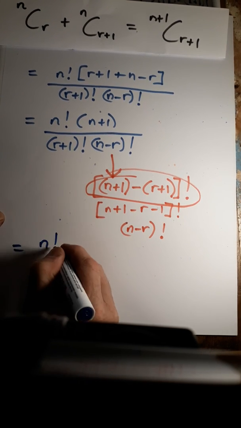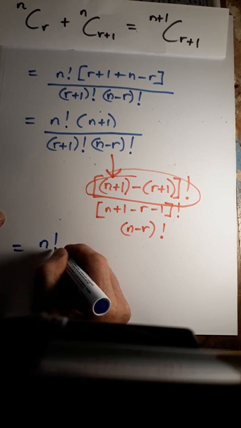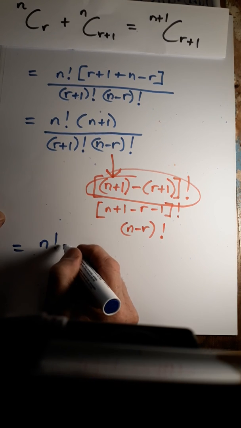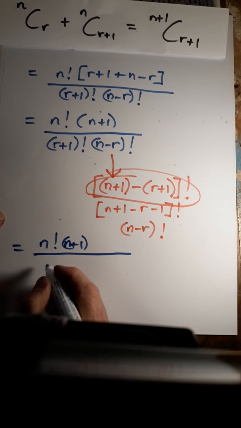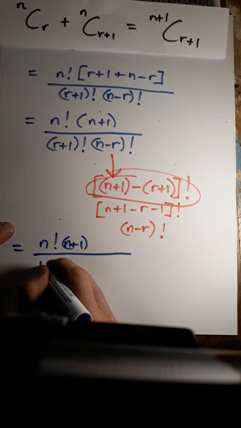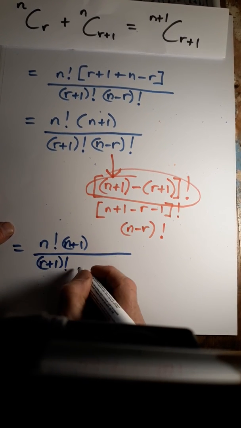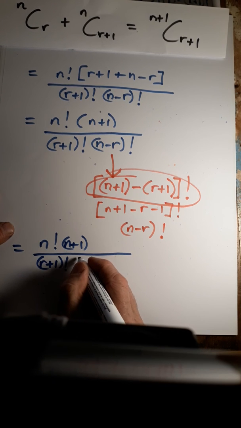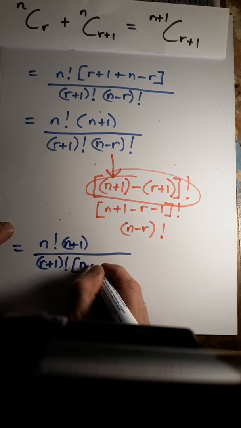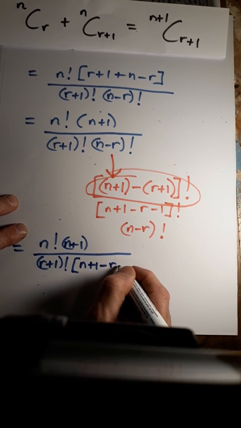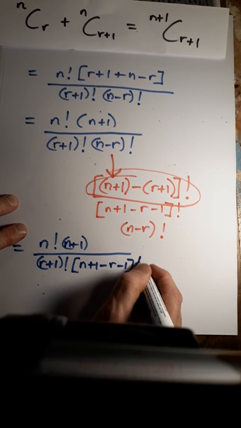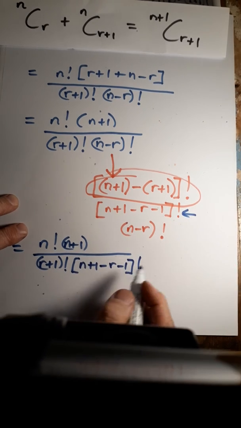I've got n factorial. Well, actually, n factorial times n plus 1 is n plus 1 factorial, but I'll rewrite that in the next line. And I've got r plus 1 factorial. This is n plus 1 minus r minus 1 factorial. I'm just writing that line in now.